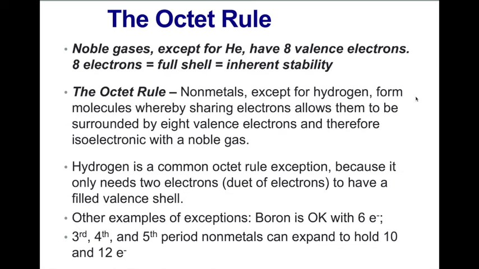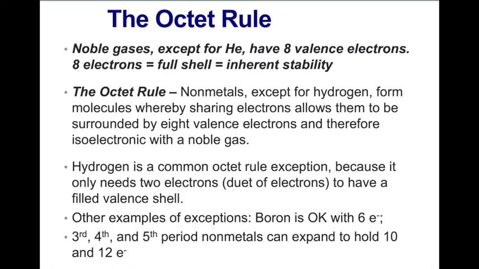Another thing I wanted to point out is the octet rule. This is something that you can follow most of the time, and I'll point out the important exceptions. Nonmetals, generally speaking, are most stable if they have 8 electrons, in other words, they are isoelectronic. They have the same number of electrons as noble gases, which are very stable, with all of their orbitals filled in a shell.